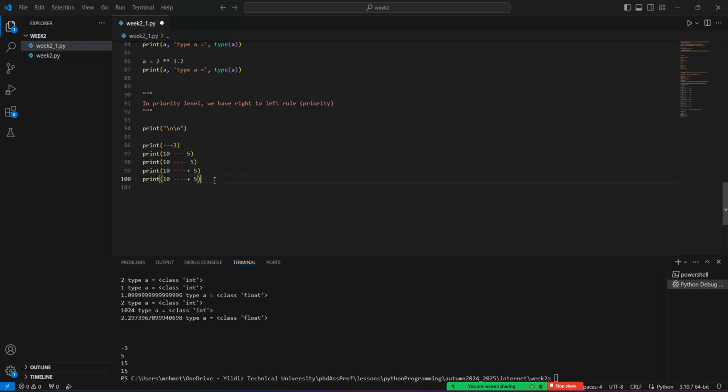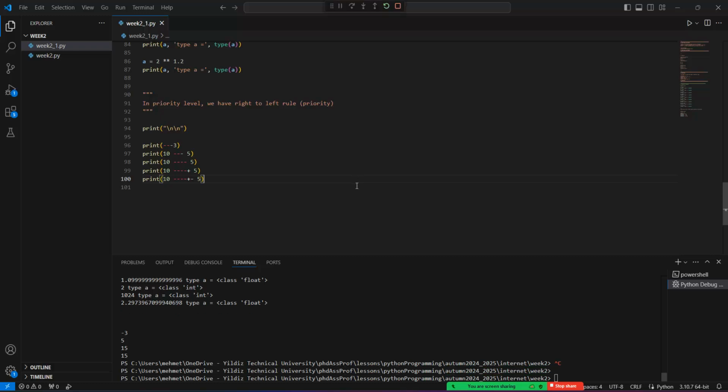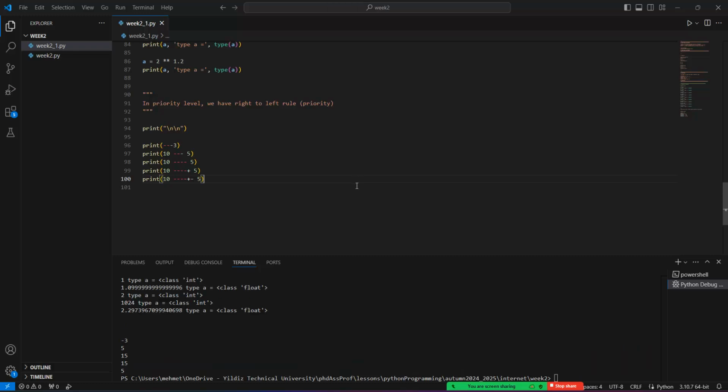What is the output of this code? 5, right? So the right to left rule is important, because at the right we start with the right hand side, and so this removes, this removes, this removes, and this removes.